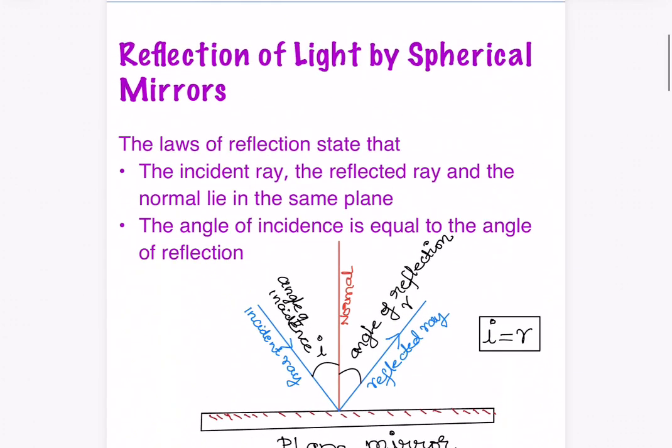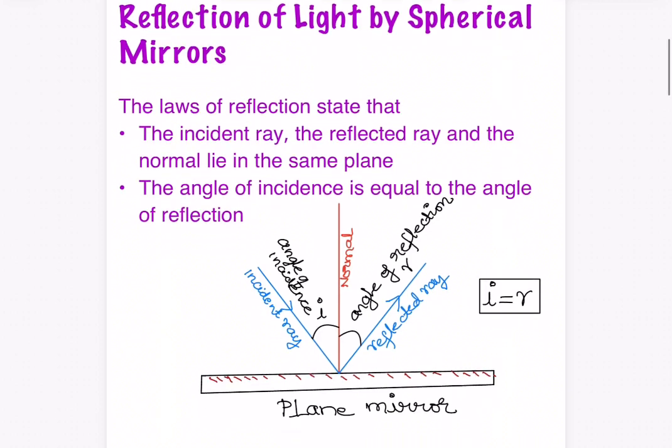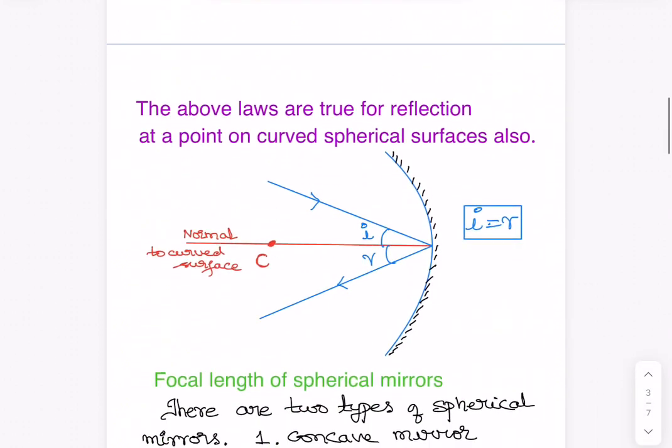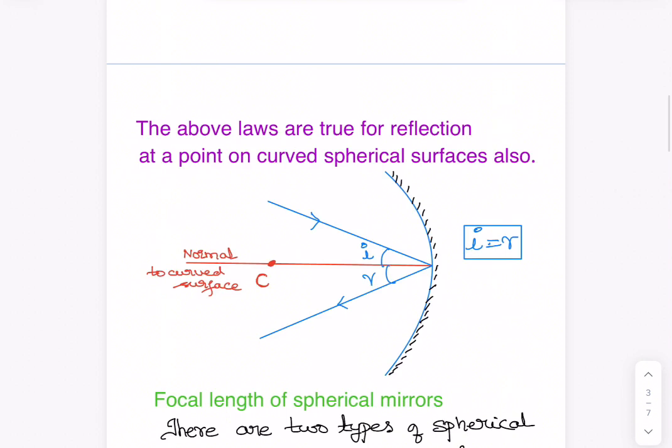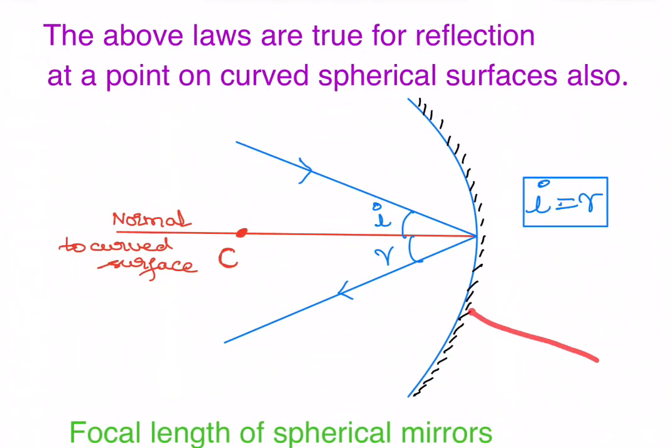But they say that the same laws of reflection are applicable to the reflection of light by spherical mirrors, or spherical surfaces also. The above laws are true for reflection at a point on curved spherical surfaces also. Let's take a curved surface.